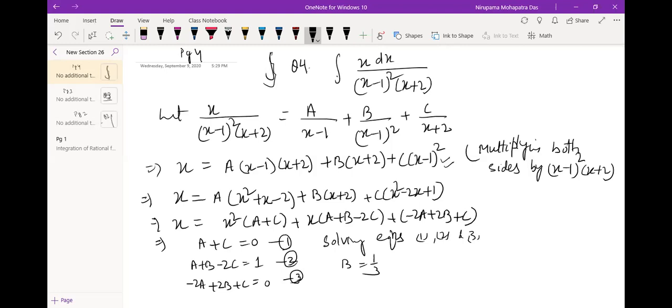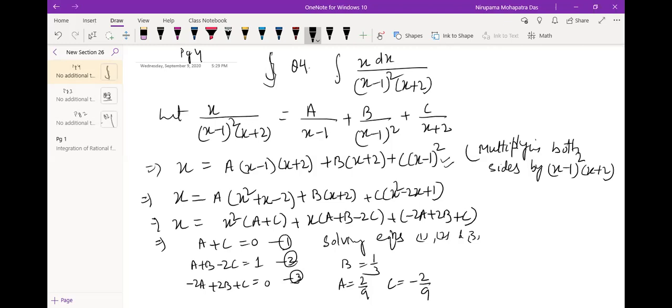Then you can get c and a. When b equal to 1 by 3, a equal to 2 by 9, c equal to minus 2 by 9.